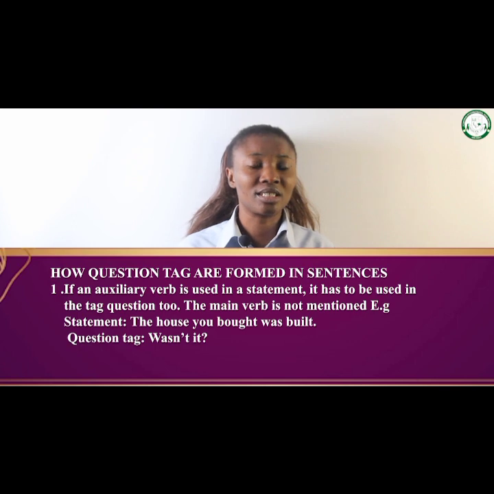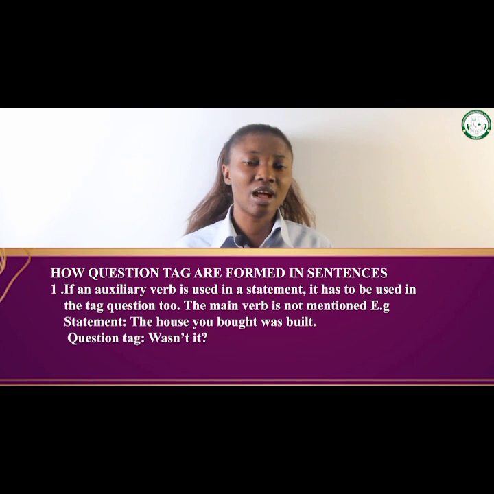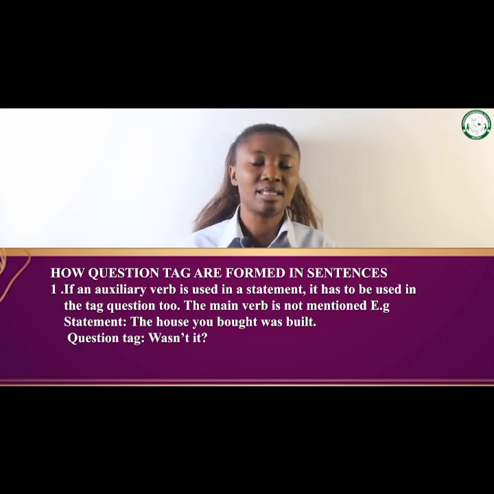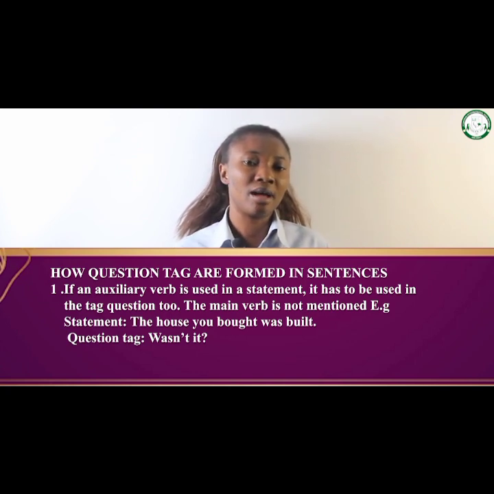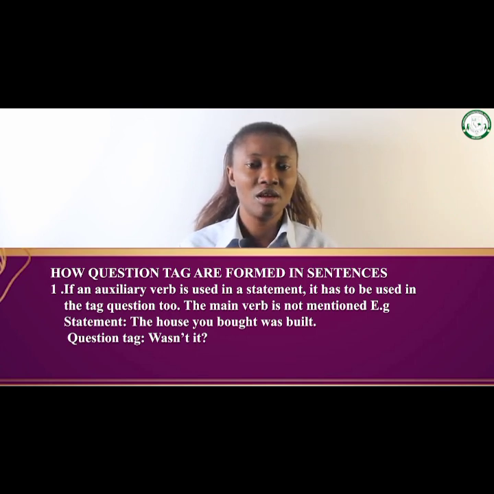I said it the other time that auxiliary verbs include verb to be, verb to do, and verb to have. Now it could be an auxiliary verb. Let me generalize it as auxiliary verb, modal auxiliary verb and primary auxiliary verbs.